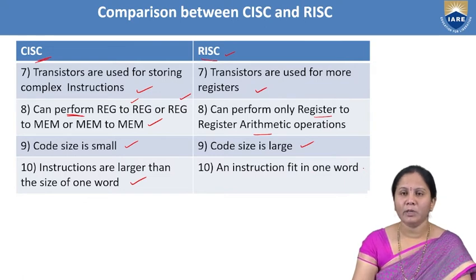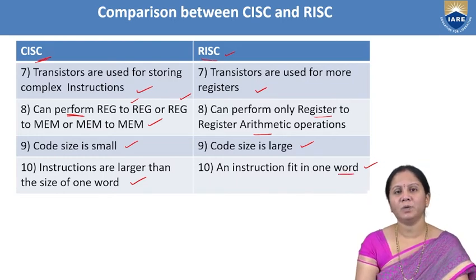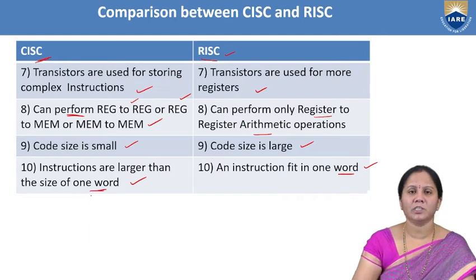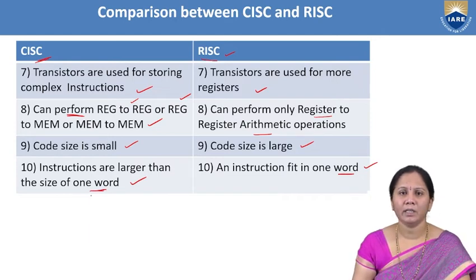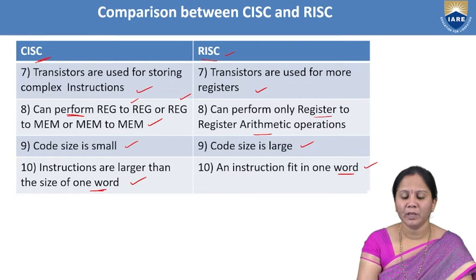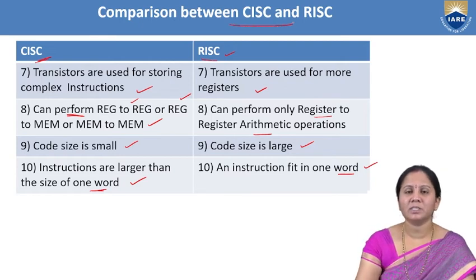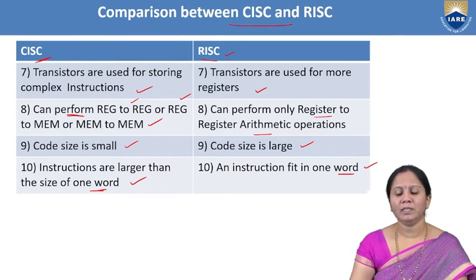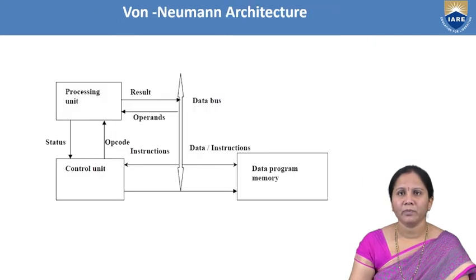Coming to RISC, instructions fit in one word, that means the maximum instruction size will be 16-bit, whereas in CISC the instruction size may be greater than 16-bit also. These are some of the differences between RISC and CISC processors. Mainly, RISC and CISC processors are developed based on the Von Neumann architecture and Harvard architecture.